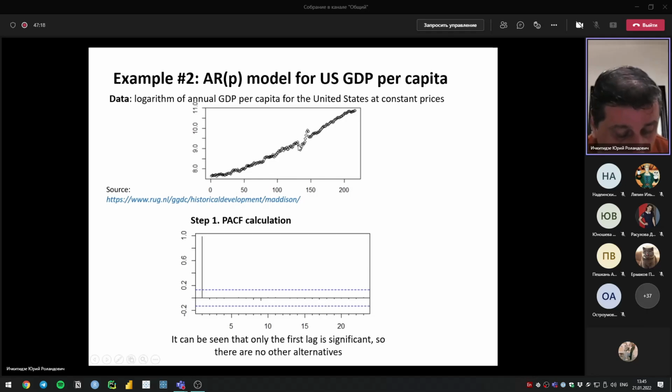Then Roosevelt's economic policy. These are the post-war years. And then the history after the Second World War. This is the small crisis of 2008. We need to predict this logarithm of annual GDP per capita in the United States at constant prices.